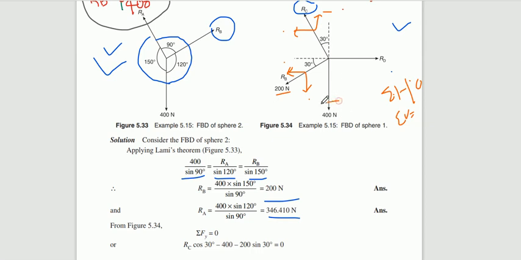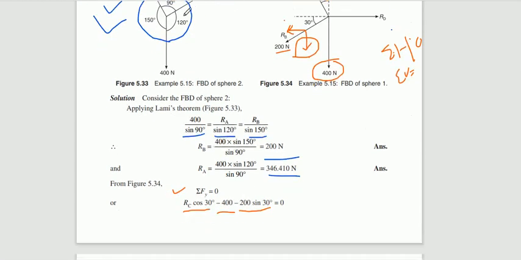Summation of Fy: 400 is downward, negative, and 200 sin 30 is also downward, negative. RC is this force, RC cos 30, because it makes an angle of 30 degrees with respect to the y axis. By simplifying this, you will get the value of RC.